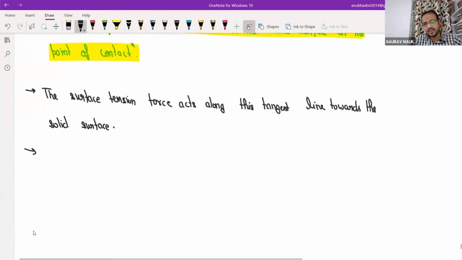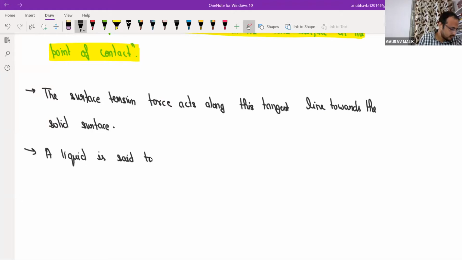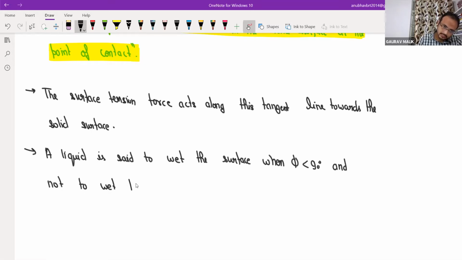Again, there are two conditions: phi greater than 90 and phi less than 90. A liquid is said to wet the surface when phi is less than 90 degrees, and not to wet the surface when phi is greater than 90 degrees.